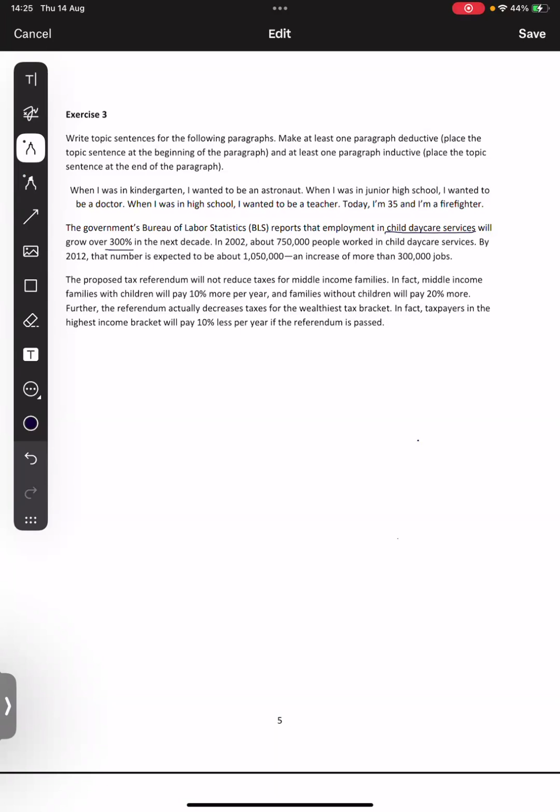What does that mean? It's going to be an increase by three times. So three times 1,000 is 3,000, which means in the future there's going to be 4,000. It's quite huge, actually.